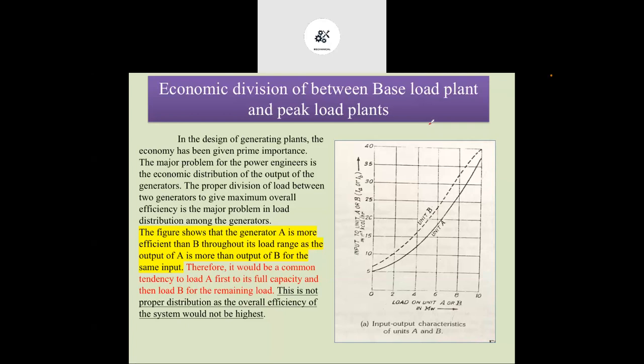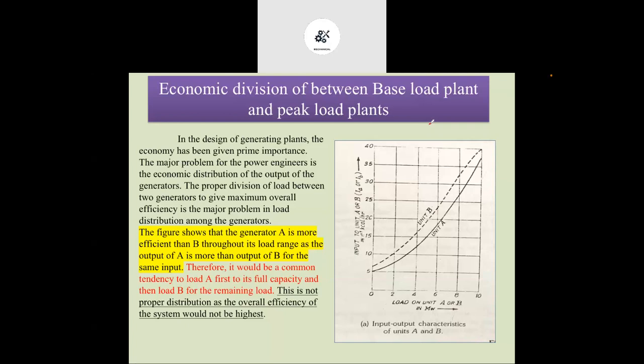Now, if you want to divide the load requirement or the economics between these two power plants, we have to study the economical division between those two power plants. In the designing of the generation plant, the economy has prime importance. As we know, we are mostly designing the power plant keeping in mind that the economy is important.